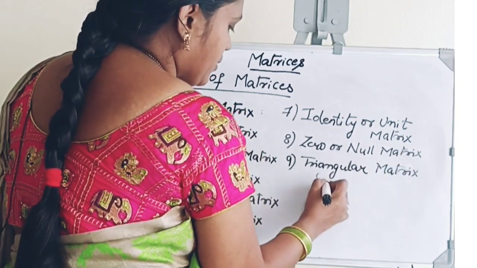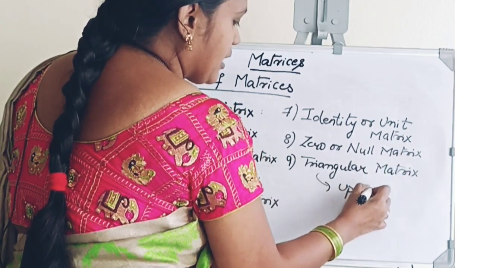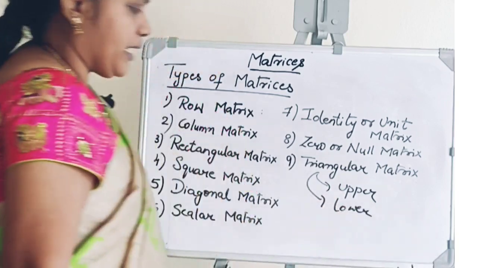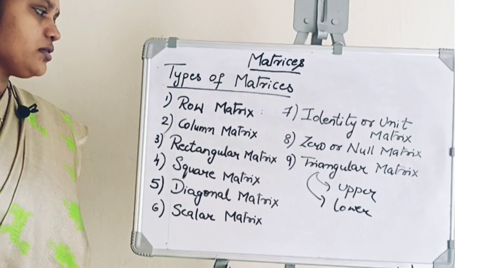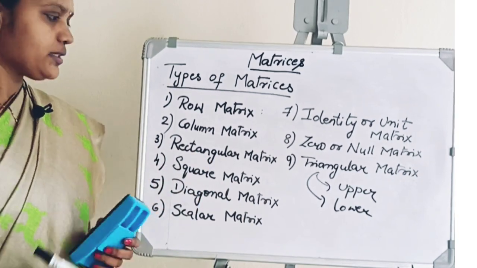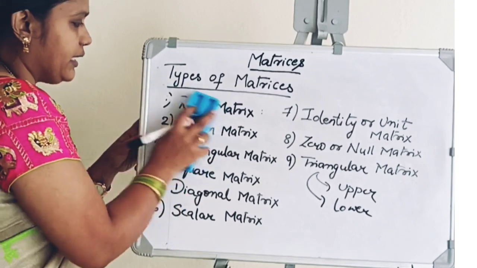Again in this, it may be upper triangular matrix or lower triangular matrix. These are the important basic types of the matrix. Let's see each in detail.